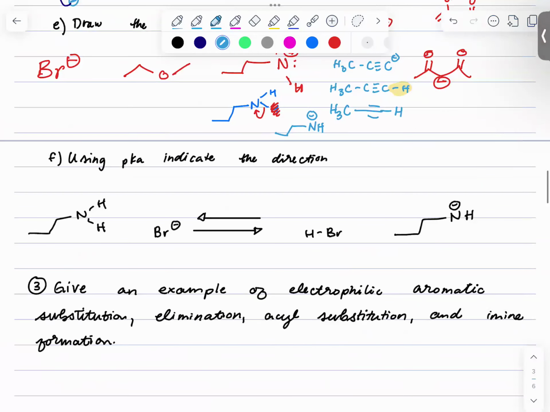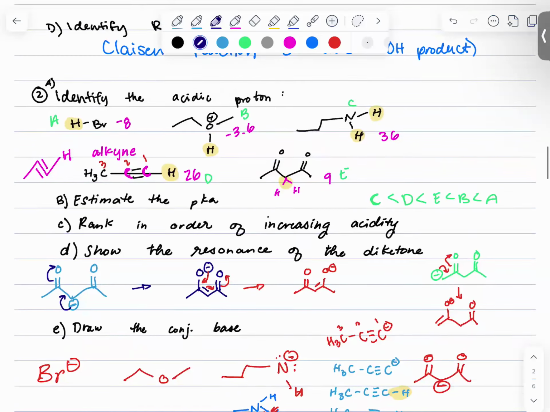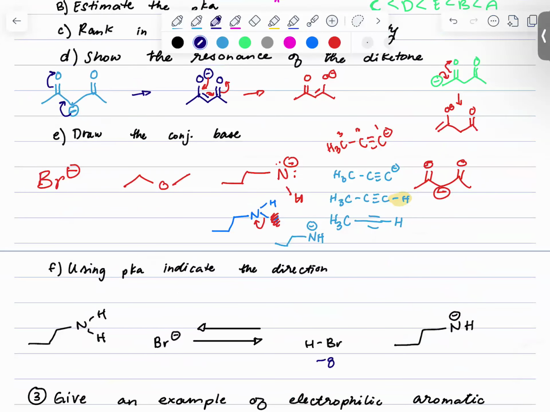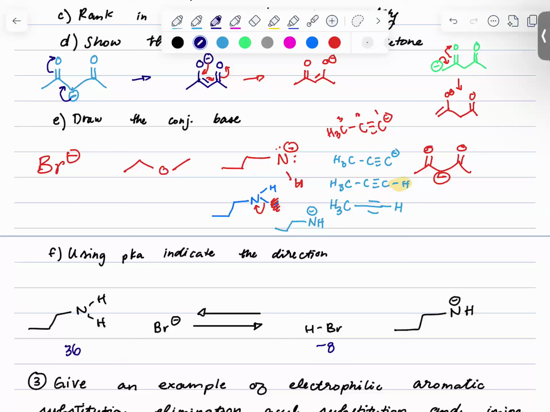Final part of this question. Using pKa, indicate the direction of this reaction. So what would our first step here be? Write the pKa's. Luckily, you already did that. Now that we have the pKa's, what direction should our arrow go?